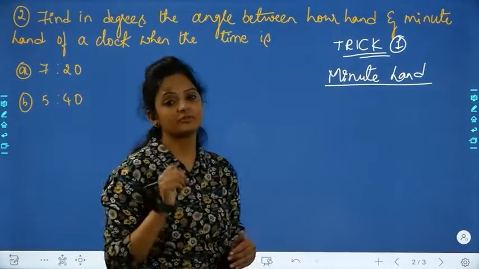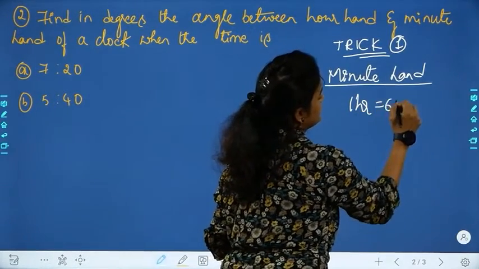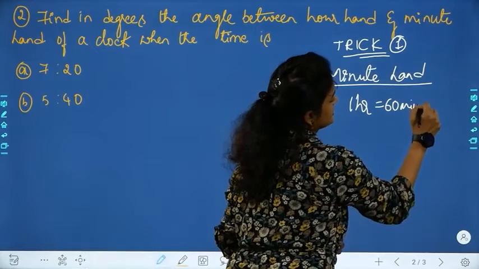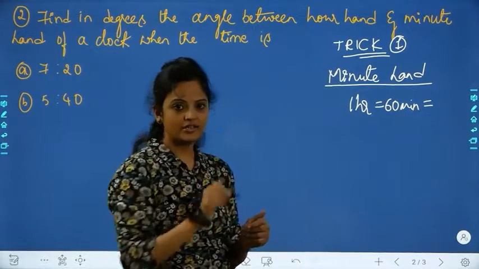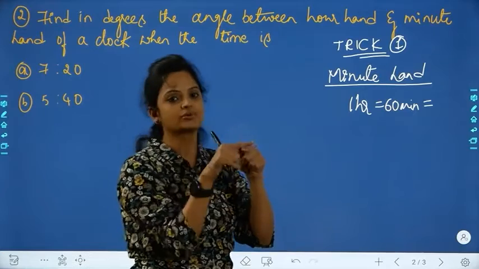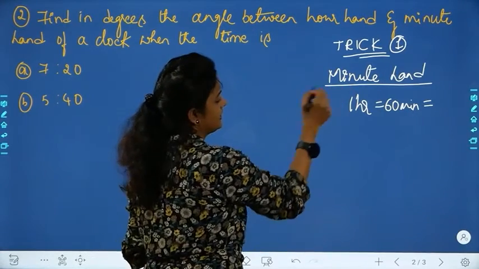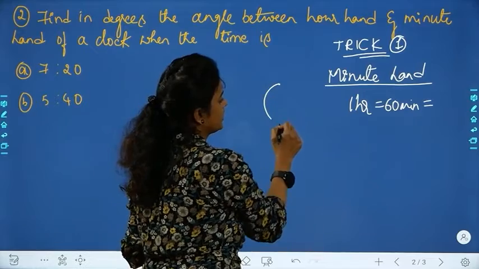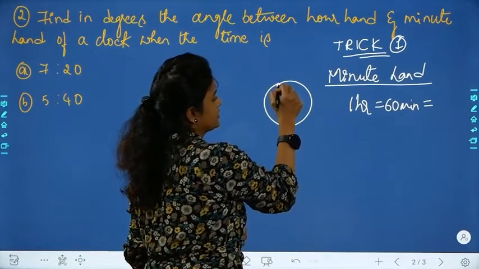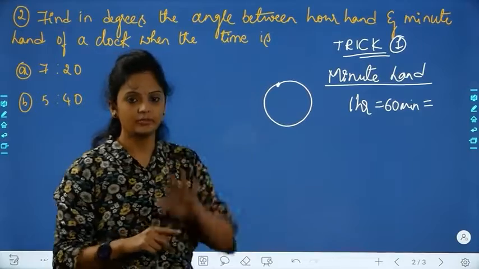For minute hand, if I am calculating, for 1 hour, how many minutes? 60 minutes. So 1 hour is completed. Minute hand will complete one rotation and go back to the same place. Correct? So when I start that, for minute hand I am talking about, it will rotate and it will go back to the same place. Then it will be like 1 hour and 60 minutes will complete.